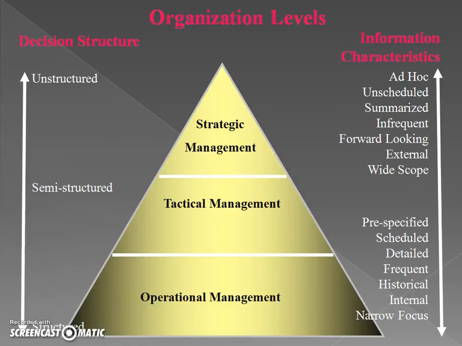According to the DSS, we can define the organizational levels in three different levels. At the operational management level, the decisions taken are structured, whereas semi-structured decisions are taken at the tactical management level, and unstructured decisions are taken at the strategic management level.